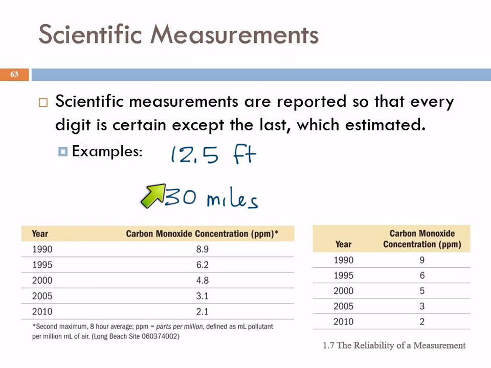And I'd be certain of the 30, it's 30 something. This next one, I don't know exactly. I don't see any point in measuring it exactly. If I did measure it exactly, I might say it's 31.143 miles. And that would imply that I had measured very carefully and I was just estimating this digit. So the last digit's always estimated.